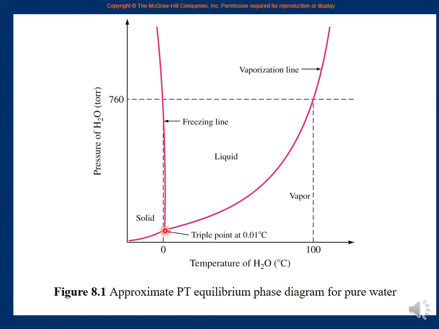It also just touches solid, just touches liquid, and just touches vapor, right? So this is a triple point. And if you change the temperature or the pressure slightly, you can't have it, right? So this is the phase diagram of pure water.